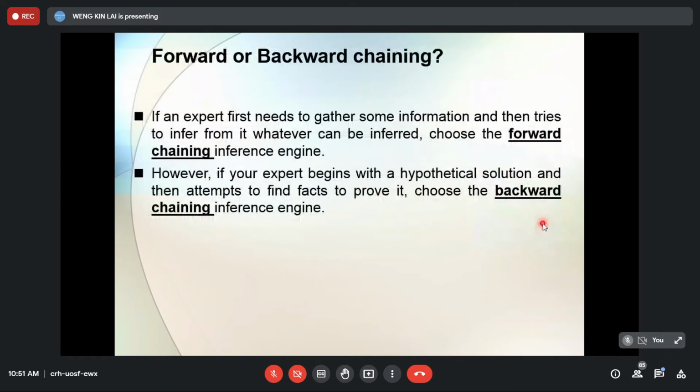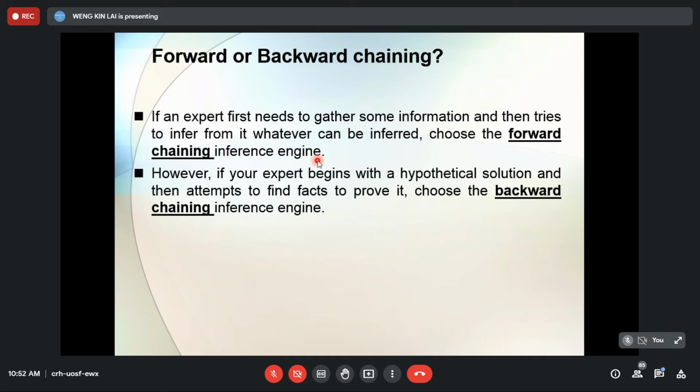So when do you use forward chaining? When do you use backward chaining? If the expert, meaning the human, needs to gather some information and then tries to infer from it, whatever can be inferred, you choose your forward chaining inference method or inference engine.